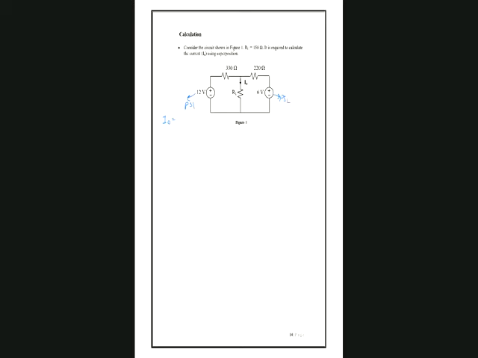Then next you have to draw the circuit, only due to PS1, 12 volts. You have this 330 ohms, 220 ohms, and you just short circuit it.